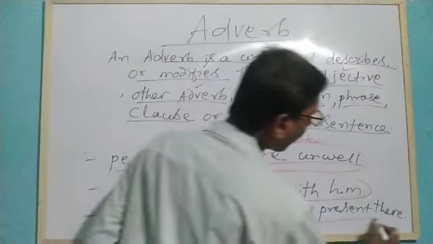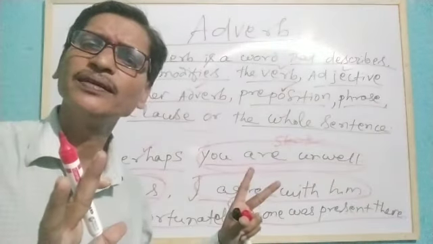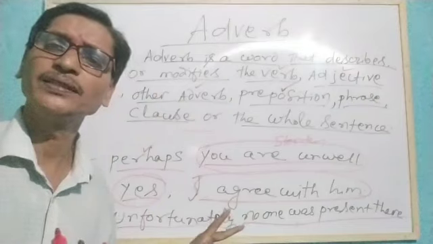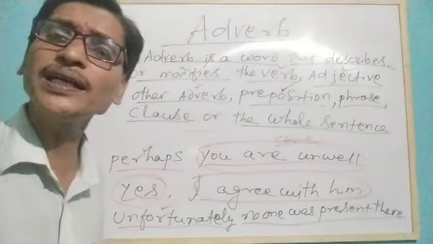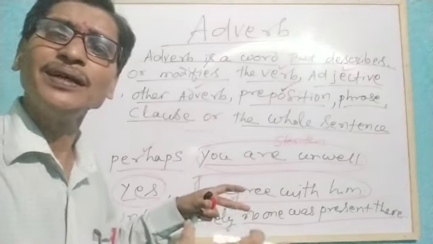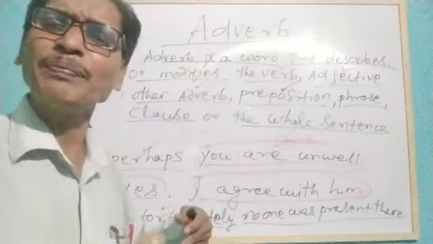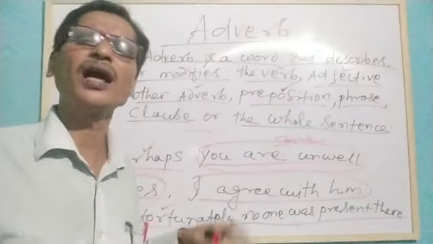Unfortunately, no one was present there. "No one was present there" is a complete sentence. But we have used the word unfortunately, which is giving more information. That means it is describing or enhancing its meaning as sadness.